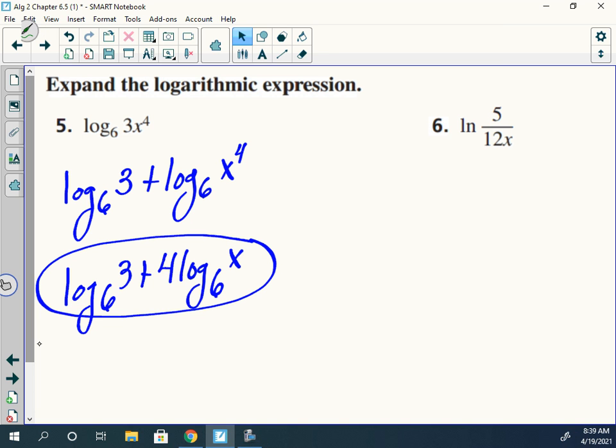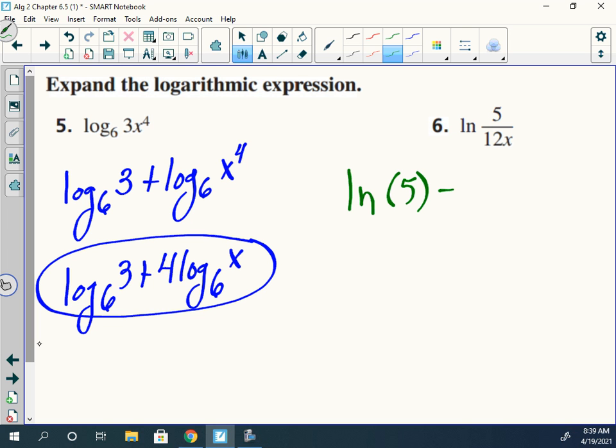Okay. Let's look at this here, number 6. This one here is a little bit different than ones we've done so far because we have how many terms in the denominator? 2. Because this is the first one where we have 2. Now, we can still do our same properties because we'd have ln of 5 minus ln of 12x.